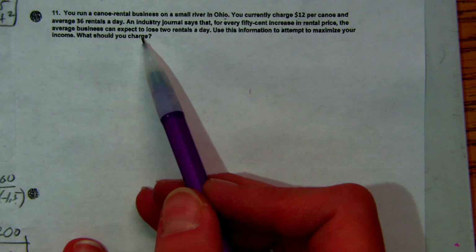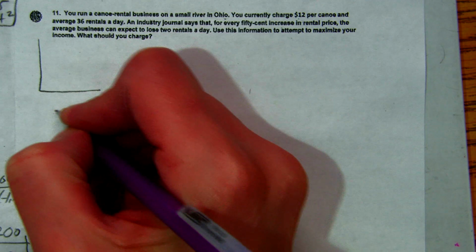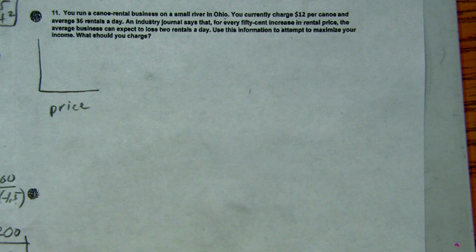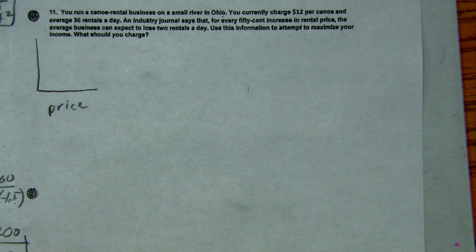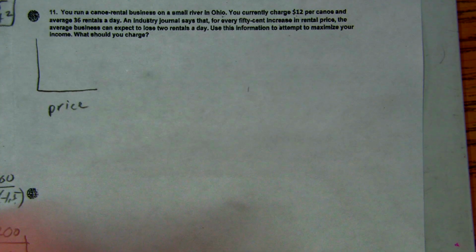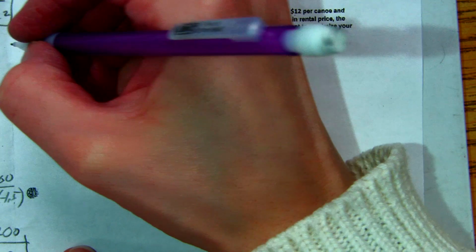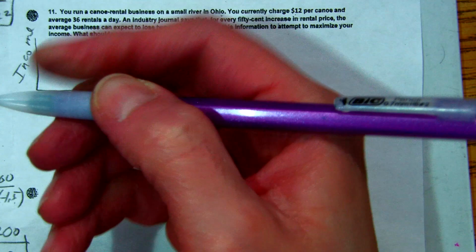What should you charge? If we think about pricing things, your price is your independent variable because you have control over that. You can make the price whatever you want. But your rentals are going to depend on what you're charging, and your income is based on that. So there's sort of a 3-part thing.